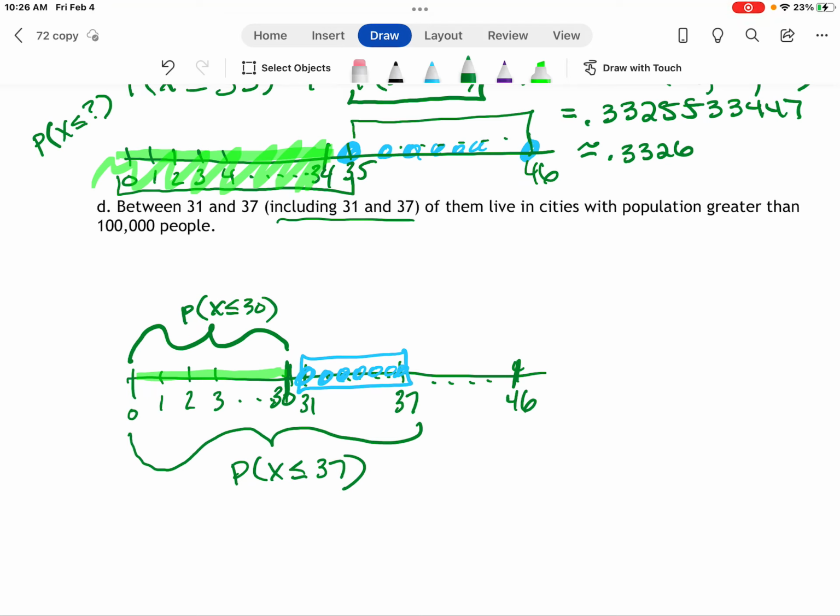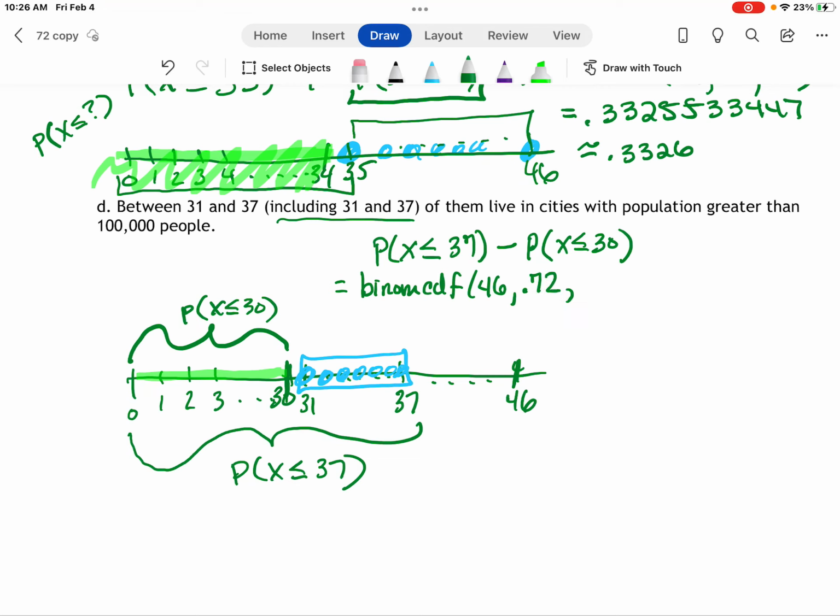So on the calculator, I'm going to find the probability that X is less than or equal to 37, and then subtract off the probability that X is less than or equal to 30. And what will be left is that light blue area. To do that using our binomial functions, I would do binomial CDF. N is 46, P is 0.72, and our value of X would be 37.